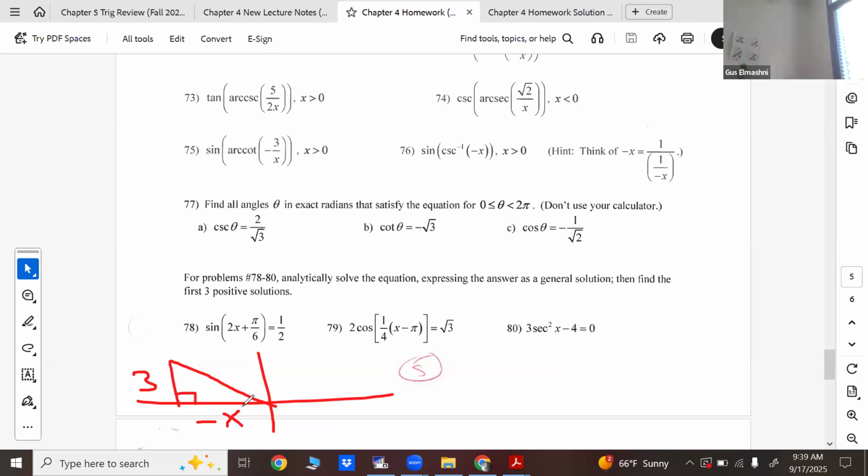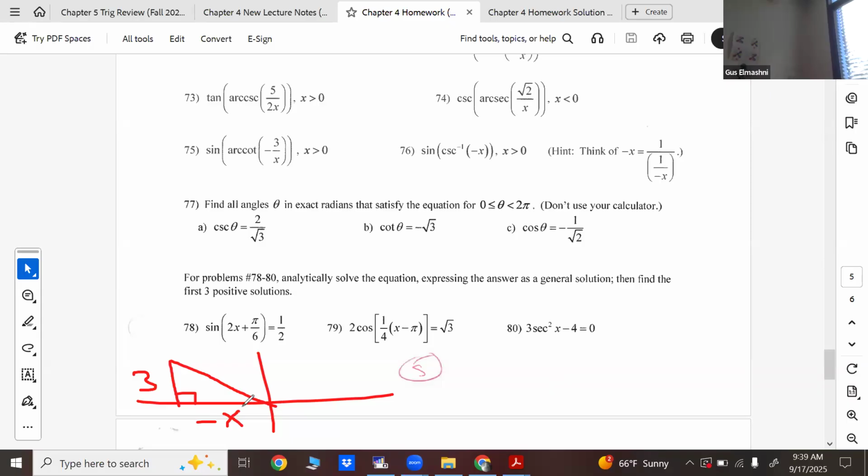Yes, x is positive right now, but that extra negative guarantees a negative number for this side. Because x is positive to begin with, then we tack on the negative afterwards. So let's say x, for example, could be 5. Let's say negative 5 because of the negative 3 over x.